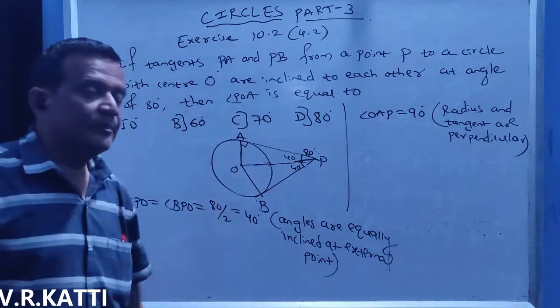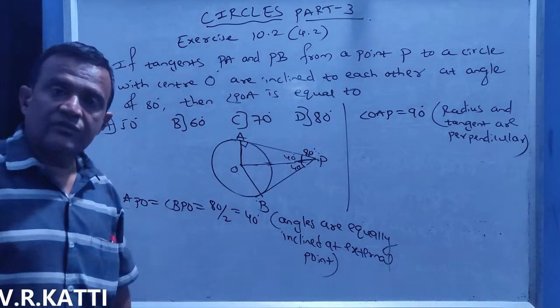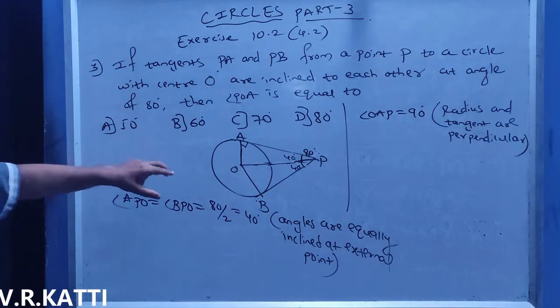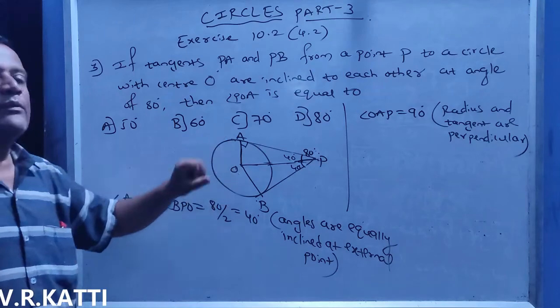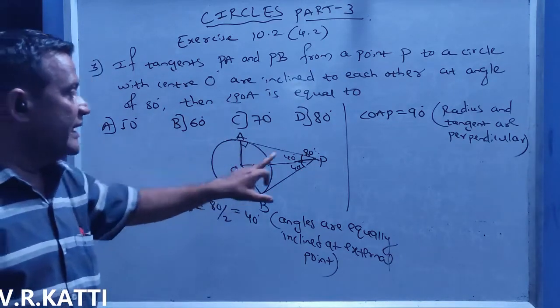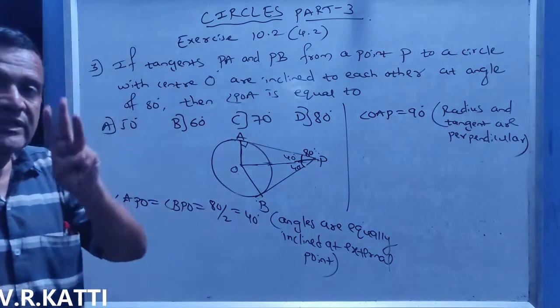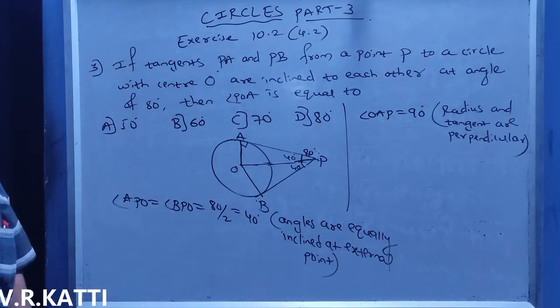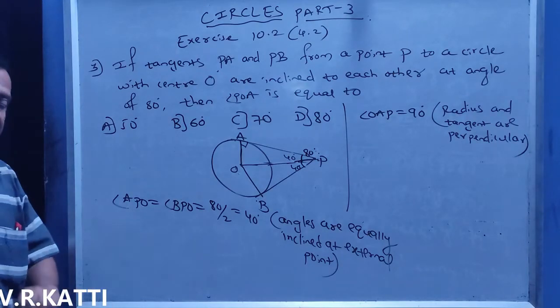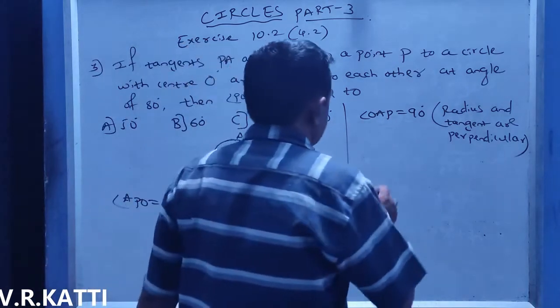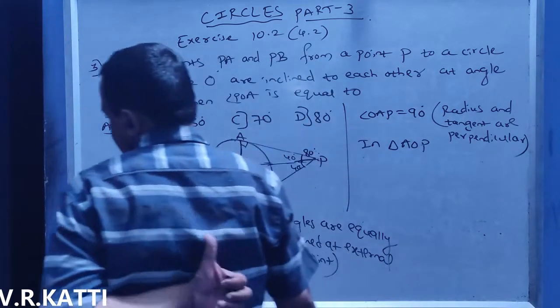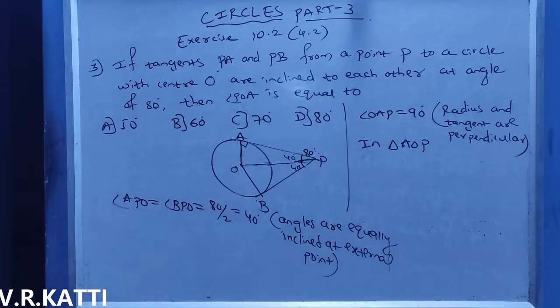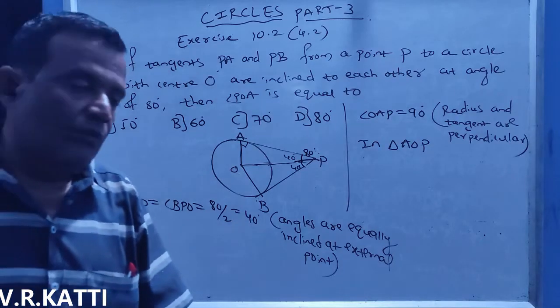So OAP is 90. So students, the question is you have to find the angle POA. In triangle AOP, the sum of three angles of a triangle is 180.